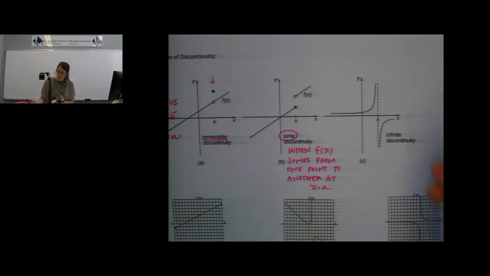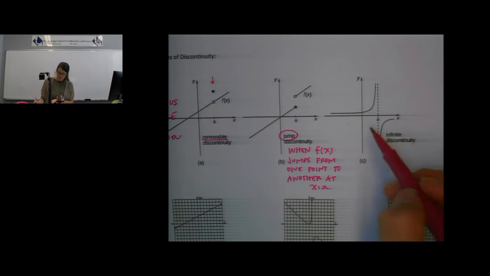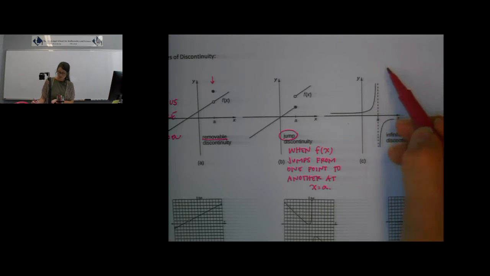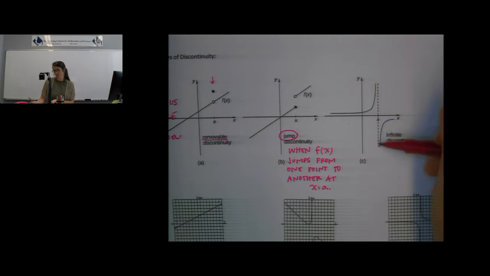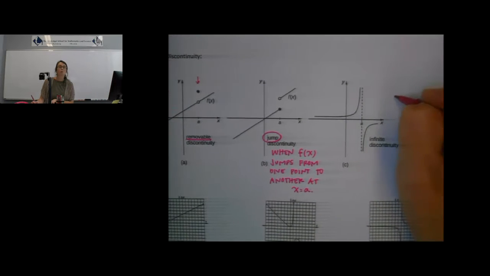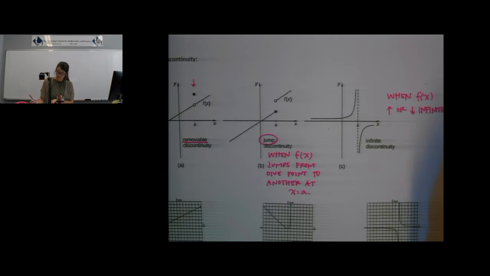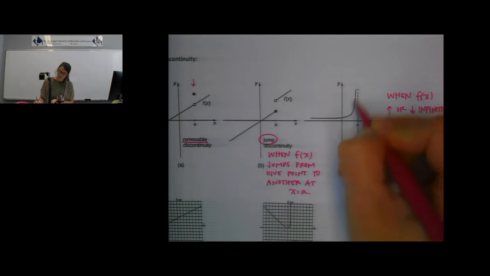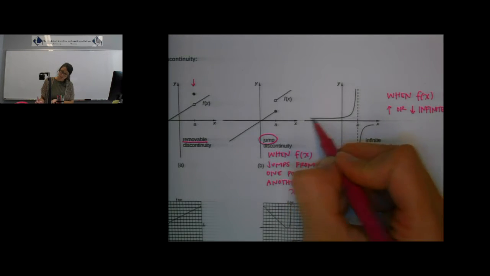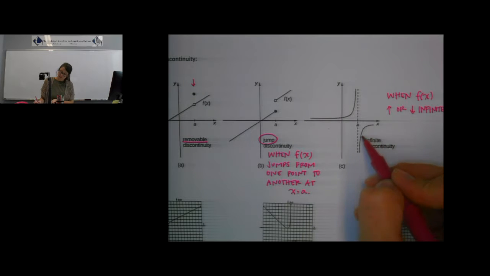Okay. Infinite discontinuity is where it increases or decreases infinitely as x approaches some straight line, x equals a. So see, it's infinitely decreasing here, or we're infinitely increasing, and we're infinitely decreasing here.